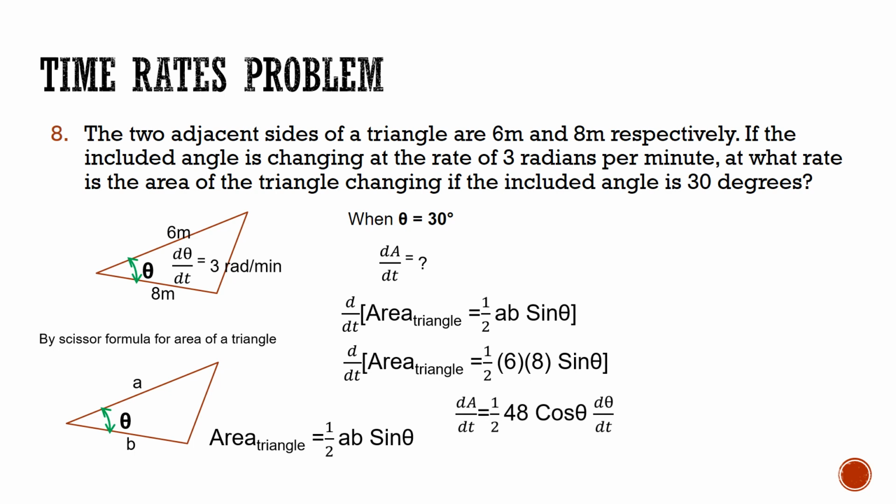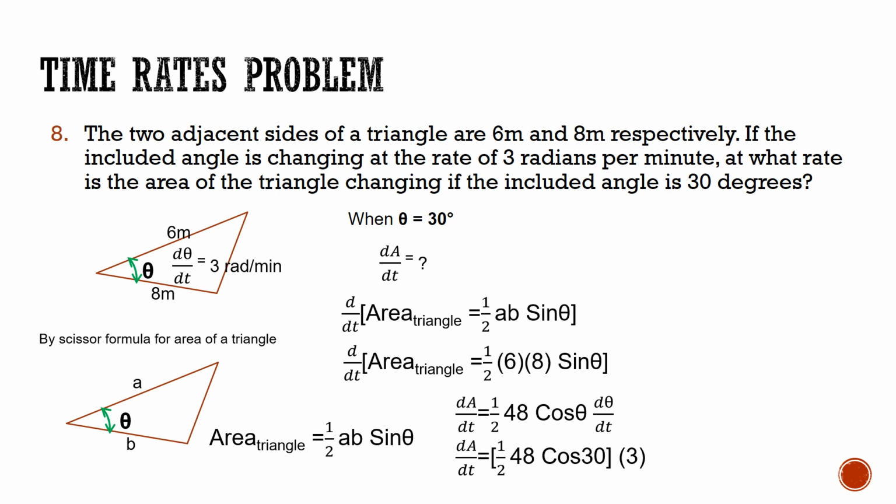So the left hand side will become differential of area with respect to time, which is equal to, of course, just multiply 6 times 8 as a product, we have 48, and then the differential of sine theta is cosine theta, and by the chain rule we differentiate theta with respect to time, which is d theta over dt.